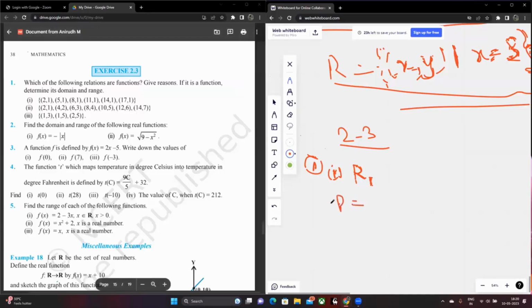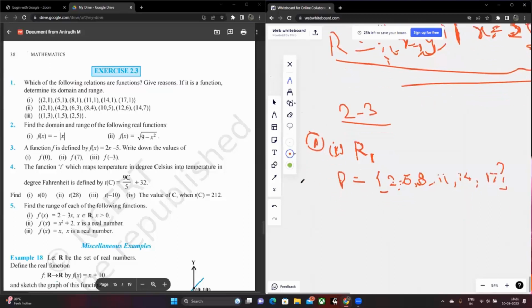You can't say this is a domain because you haven't proved it's a function yet. Your set D is basically the set of all first elements: 2, 5, 8, 11, 14 and 17. That's D, and you have the set R equal to 1.